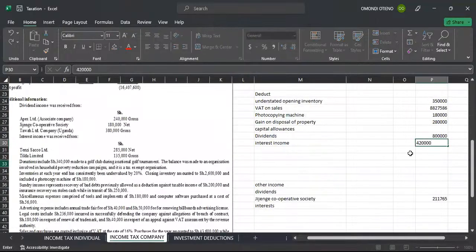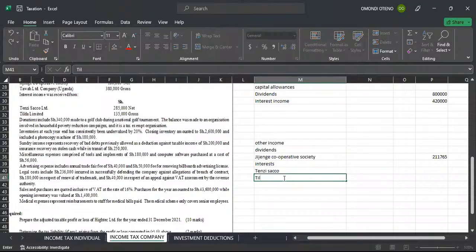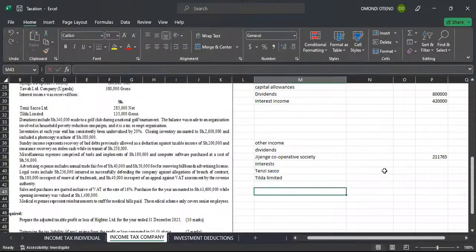So inside this 420,000, which we've subtracted, we now need to add back what was received from Tenzi Sacco and also Tilda Limited.